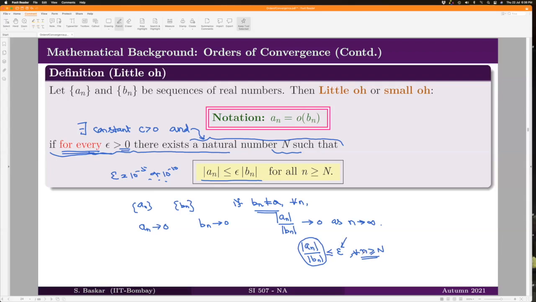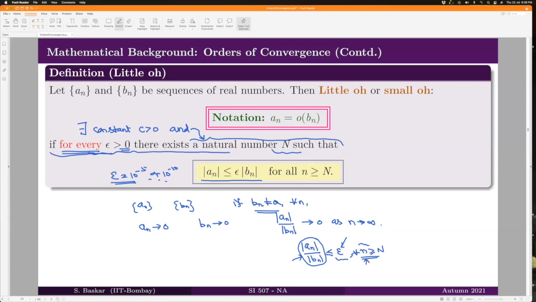For a large enough n, as I go larger and larger in the sequence, I should be able to pack these numbers into that small bag. Whatever may be the small bag that you give, I should be able to pack all these numbers which are coming with larger and larger indices. There are infinitely many such numbers, but still I can pack them within this small bag.